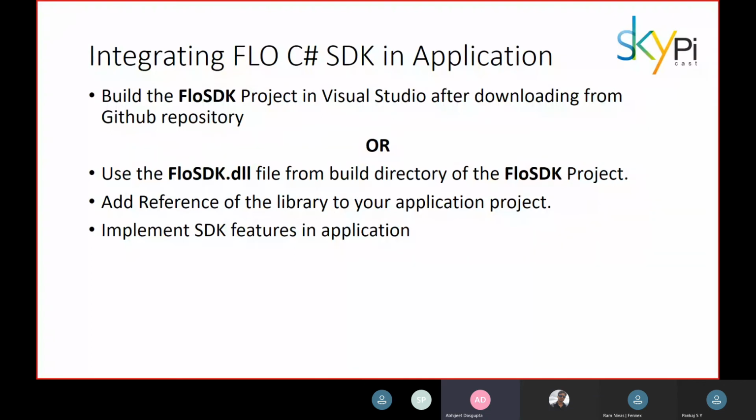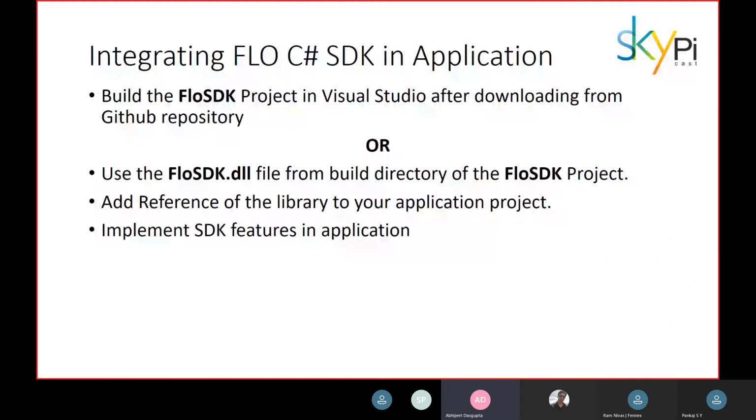If you do not want to build the entire FLO SDK project in Visual Studio, you can also just use the pre-built, pre-compiled FLO SDK.dll library file from the build directory of the FLO SDK project. You can either download the entire project and retrieve this pre-built file, or you can download exactly this particular file from GitHub.